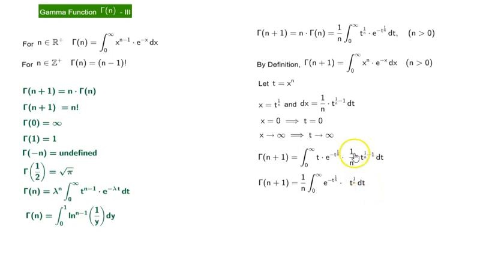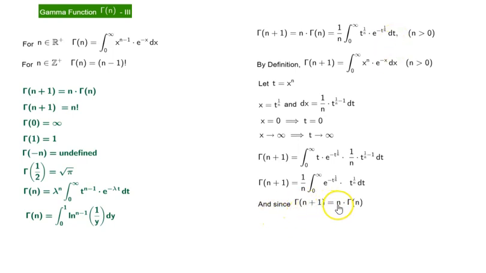Dt remains as it is. 1 by n is a constant, so we take it out of the integral. So we have arrived at what we started off to prove, that gamma of n plus 1 is equal to 1 by n times the integral 0 to infinity of t to the power of 1 by n times e to the power of minus t to the power of 1 by n dt.